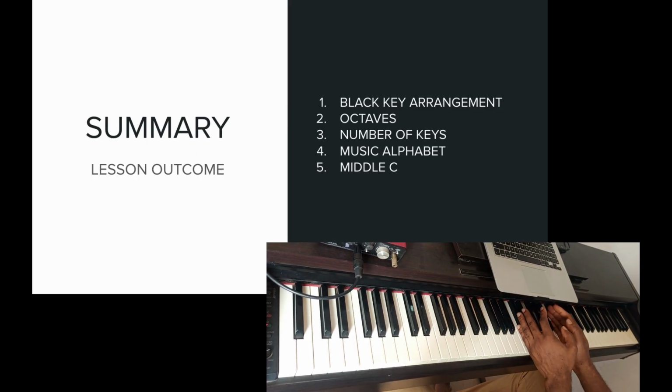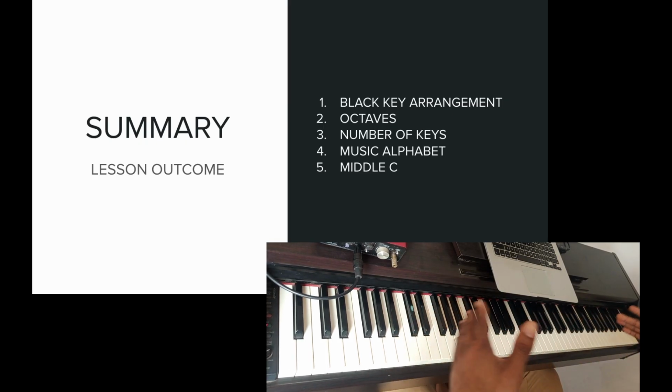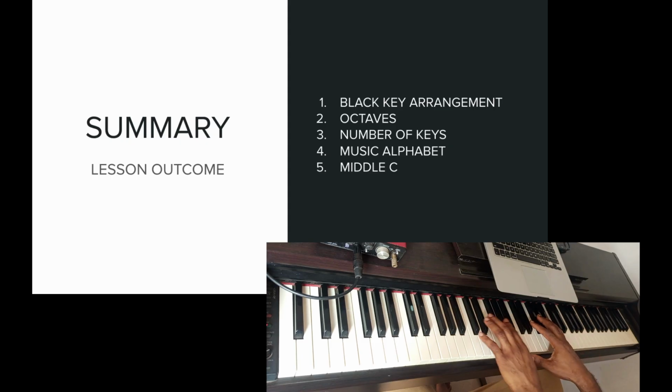This chunk right here is an octave. And remember, we counted the number of octaves on this keyboard, which were 7 in number. And I mentioned that your keyboard at home may not be up to 7 octaves. It might be 4, it might be 5, it might be 3, depending on the function of the keyboard.